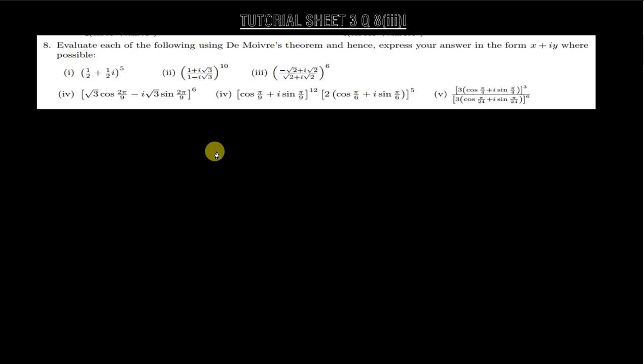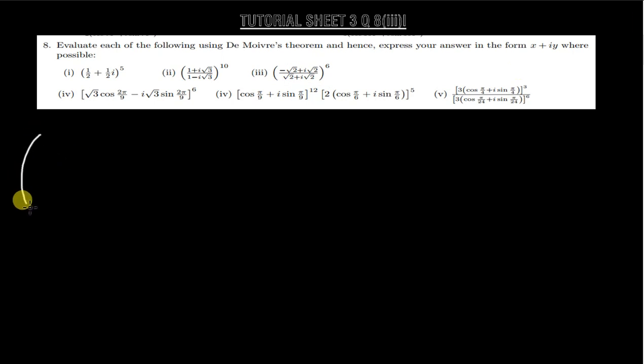So you first have to change this number. If you want, you can simplify this number using the rules of complex numbers, or the other way you can do this, you can first deal with the numerator and the denominator and then divide them using De Moivre.